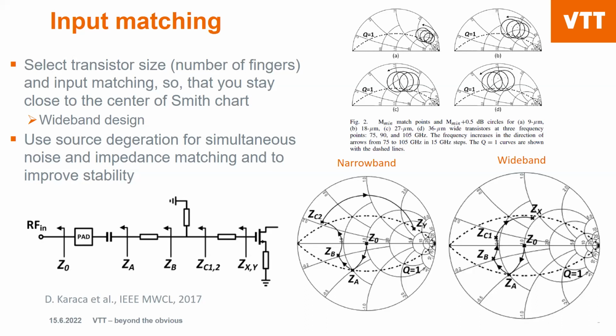On the right-hand side, you can see that the pad is capacitive towards ground, so we will move on a Smith chart to point ZA. That's part of our matching now, which we cannot affect much because the pad is there when we need to wire bond it to a circuit. Then we have added a series transmission line.